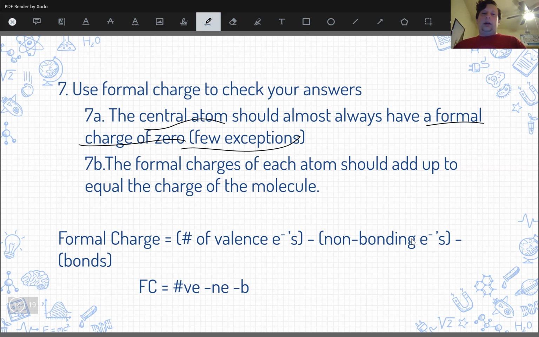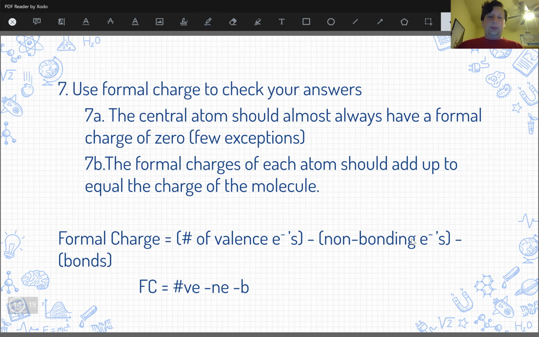There are a few exceptions to that, but typically that is the case broadly. And then the formal charge of each atom should add up to equal the charge of the molecule. So overall, when you add up their formal charges, they should equal the charge of the molecule overall.